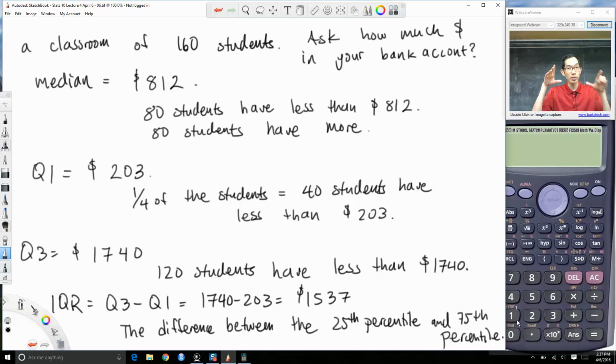But the spread between the 75th percentile and 25th percentile will probably be quite small, because if everyone's low income, maybe the rule is you can't have this much money in your bank account.